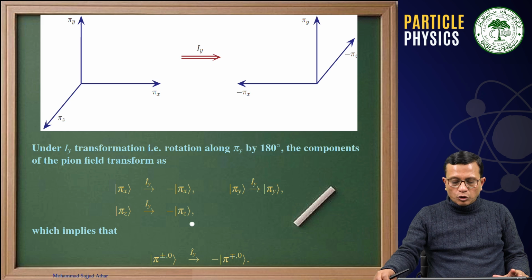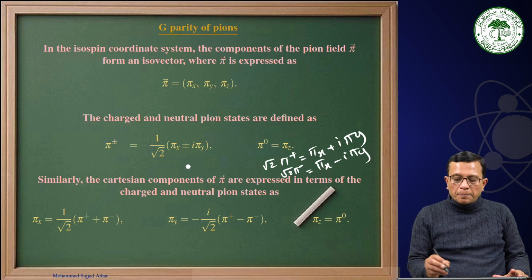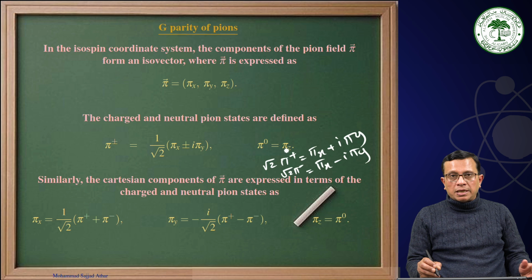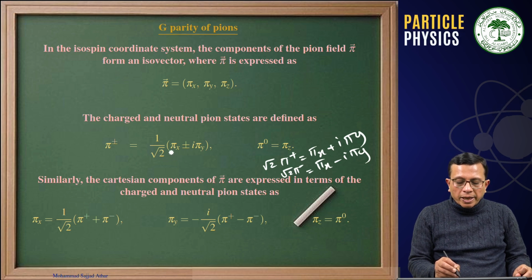And therefore if you go back, you have pi plus minus as 1 by root 2 (pi x plus minus i pi y). You see that pi z changes sign. Therefore, pi 0 is changing sign. Here you notice pi x is changing sign, y is not changing sign.